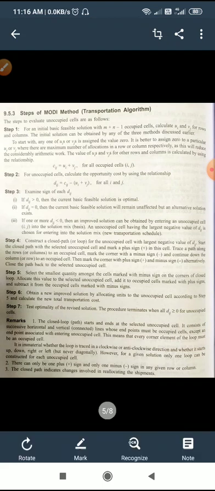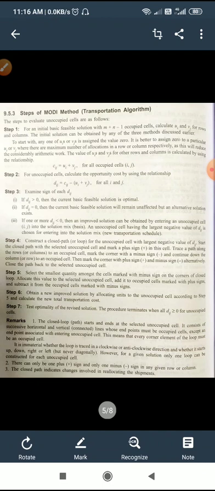In the closed loop, we start from the unoccupied cell and turn 90 degrees at occupied cells, taking left or right. The closed loop may be anti-clockwise or clockwise, and at each occupied cell it should turn 90 degrees, and after moving this way the loop comes back to the starting point.